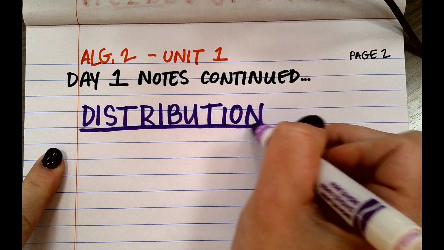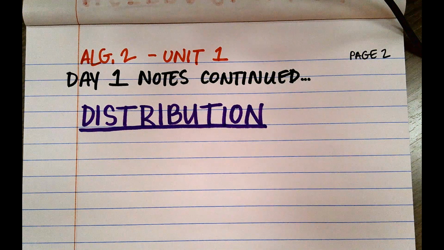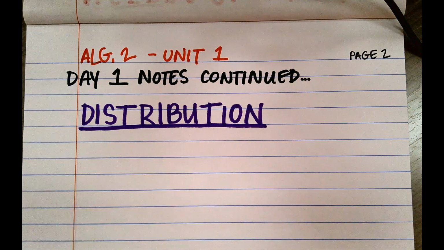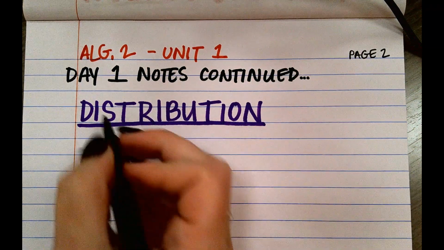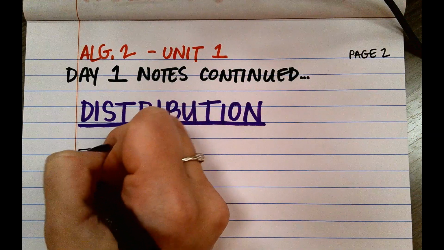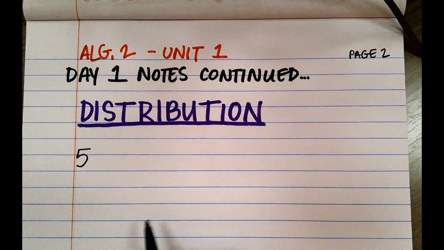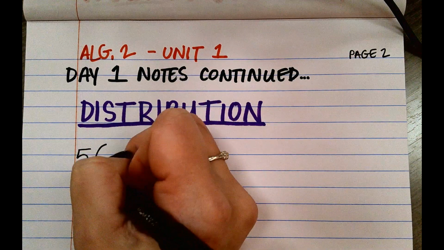Does anybody know what distribution is? Yeah, if you've had me, you have it in your notes somewhere. Let me give you an example. It's kind of hard to explain. It's easier to just see it. Math is one of those things. Sometimes it's easier just to look than to explain.